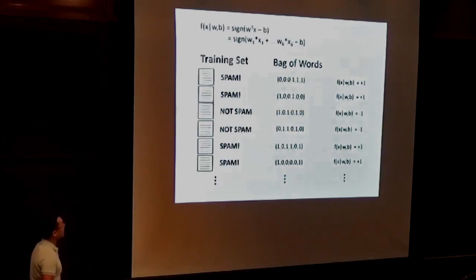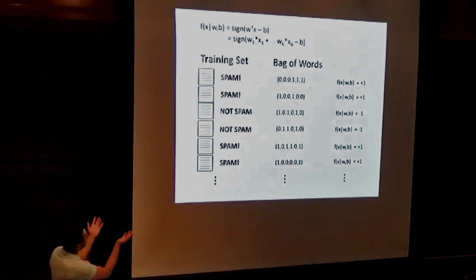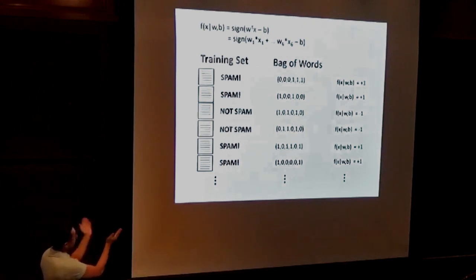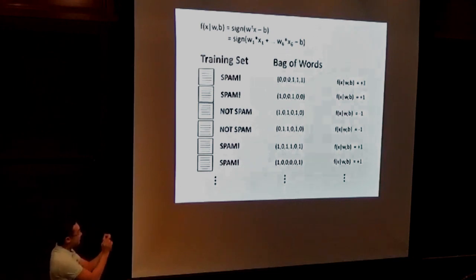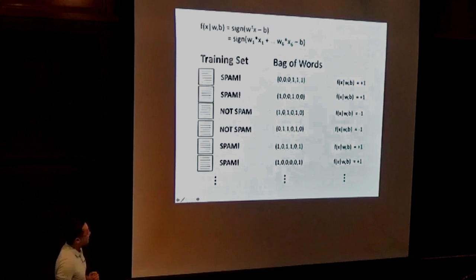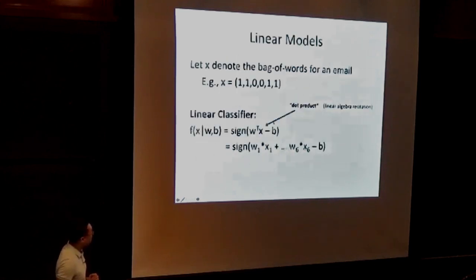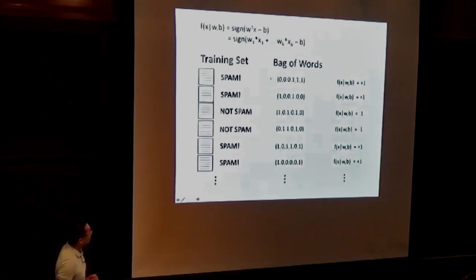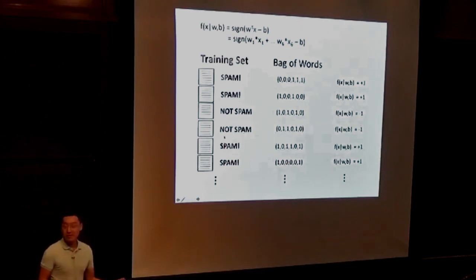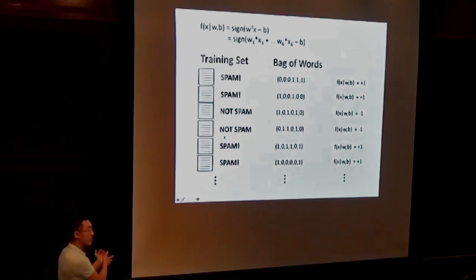Okay, so this is an example. So here's our supervised training set, our bag of words representation. Our goal is to learn the W and the B from this supervised training set such that the output of this sign function is positive on the emails that are labeled spam and negative on the emails that are labeled not spam. That's the basic idea. And that's what a machine learning algorithm will do when given the supervised training set and a specification of a model class, in this case, linear models.